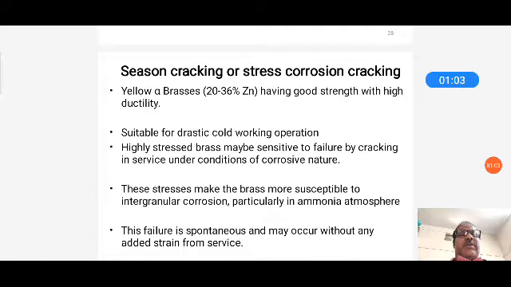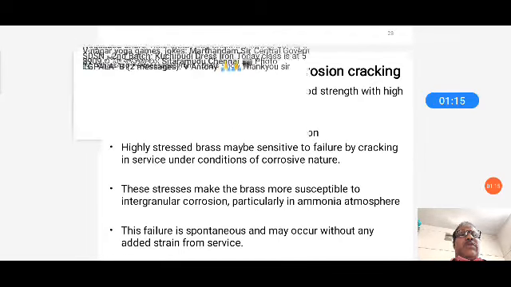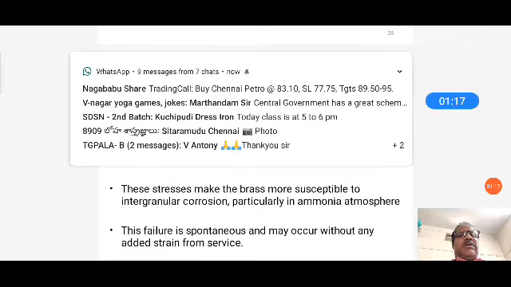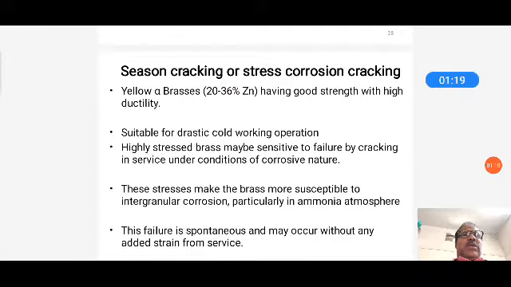These yellow alpha brasses, especially with 20 to 36% of zinc, have good strength with high ductility. These brasses are suitable for drastic cold working operations.